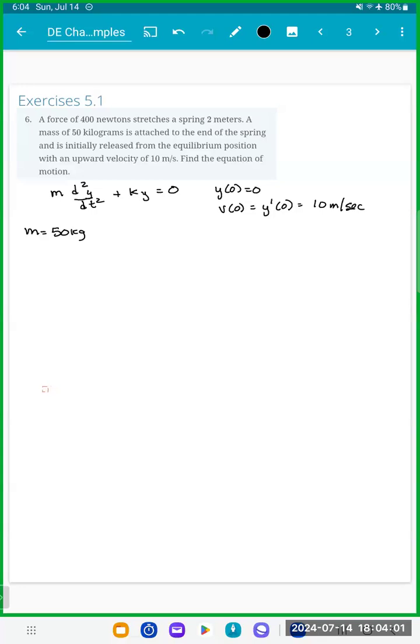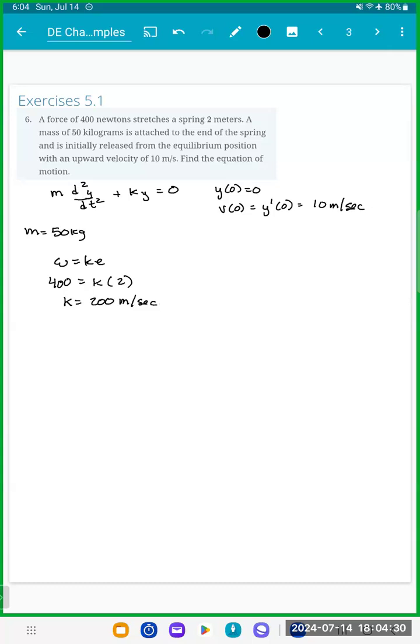Given that, we can put this all together using our formula, where we know that 400 newtons is equal to K times 2 meters stretched. So that gives us that K is 200.